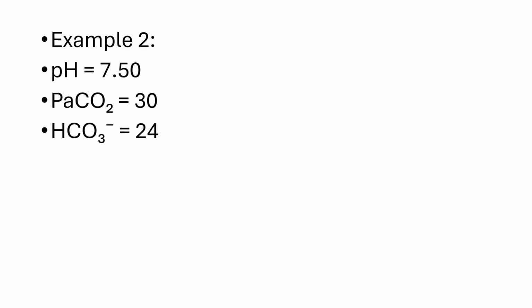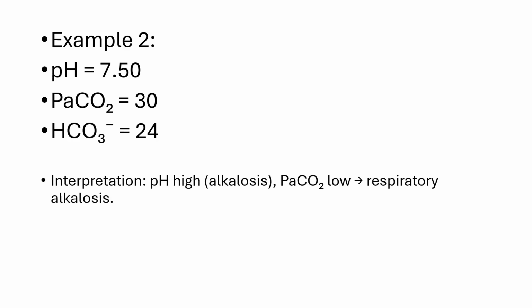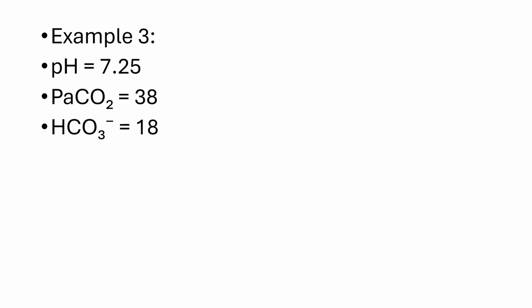It tells me that it is respiratory alkalosis. Let's see if we got it right. Boom, crushed it. Done, son. So it told us that respiratory is opposite. So it was respiratory because these two, the pH and the PaCO2, were opposite. And then the HCO3, the bicarb, was normal. So it told me respiratory alkalosis. Perfect. Let's just do one more because I'm having fun.